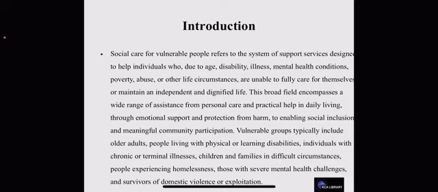So now this broad field, it encompasses a wide range of assistance from personal care and practical help in daily living, through emotional support and protection from harm, and also to enabling social inclusion and meaningful community participation. So vulnerable groups or vulnerable individuals typically include older adults, people living with physical or learning disabilities. That's just as we have tried to explain initially. So it could come in various forms.